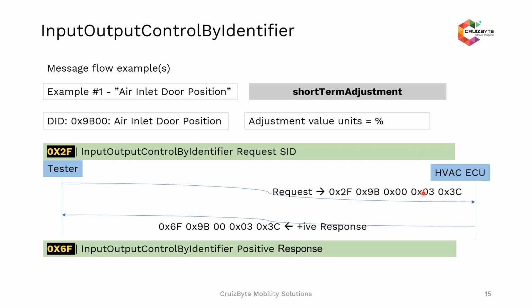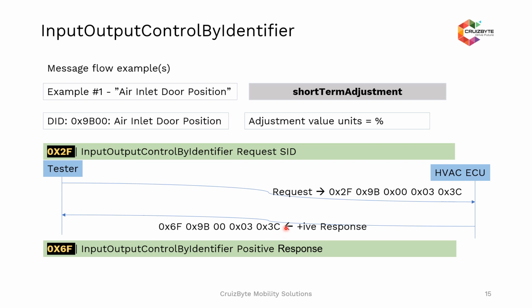So 0x9B and 0x00 are the data identifier bytes, and 0x03 is the short-term adjustment parameter, followed by 0x3C, which is the positive response for 60% opening of this particular inlet door position.